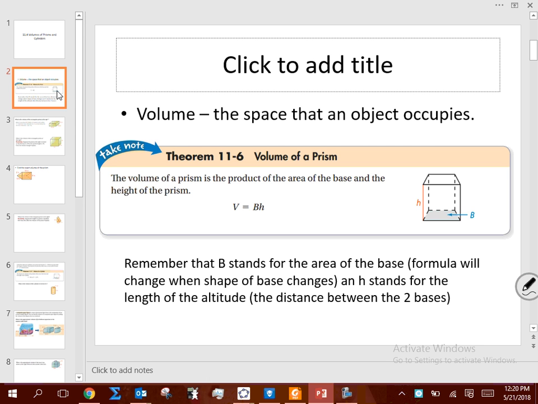By definition, volume is the space that an object occupies. Sometimes referred to as the capacity of something. You go into restaurants and there'll always be a plaque on the wall that says this has a capacity of 200 people, or it says a volume of 200 people.